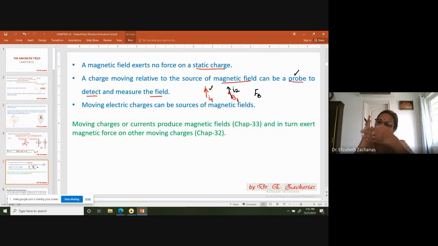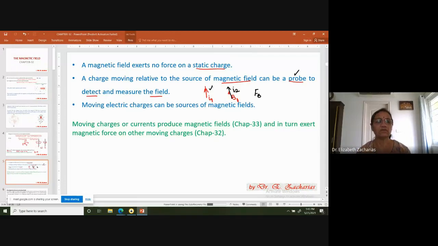If that is in the location of the magnetic field that you want to measure, then using the force experienced by that moving charge or the current, you can measure the magnetic field. So a current carrying conductor or a moving charge can be a probe. You know what a probe is, right? You must have heard of a commission set up to probe a crime. So probing means finding. So here you can actually probe or measure the magnetic field.